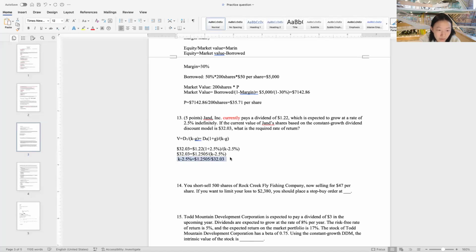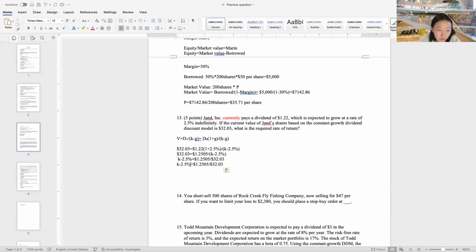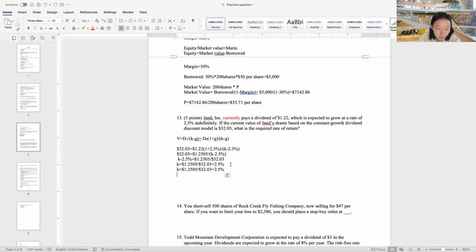So there's only K on the left-hand side. All right, so then K equals 1.2505 divided by 32.03.